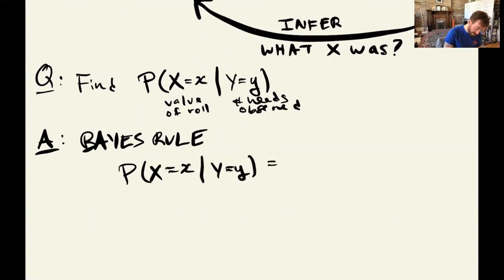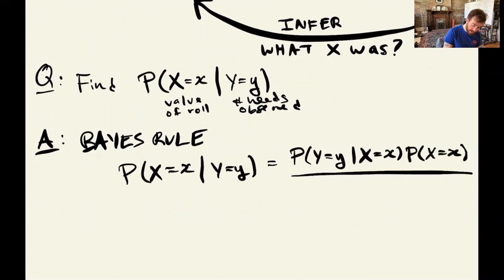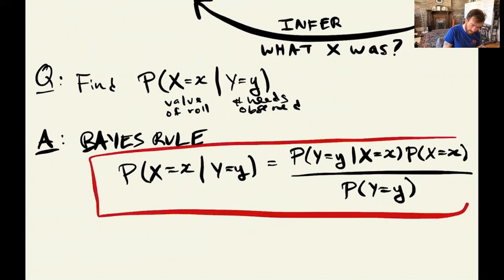We could just write the definition, but let's go ahead and jump to what the final form is, which is the probability that Y equals little y, given that X was equal to little x, but we have to multiply by the probability that X was equal to little x. And then we divide by the probability that Y equals little y. So remember, this is another expression of Bayes' rule.